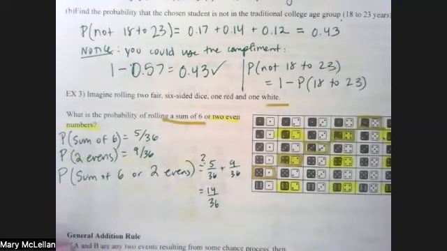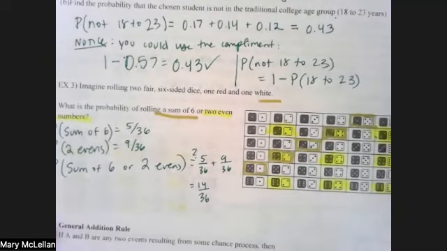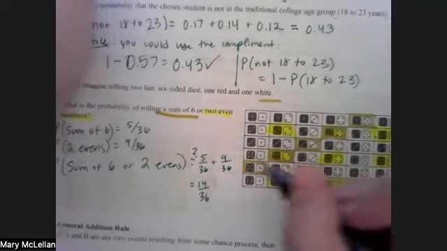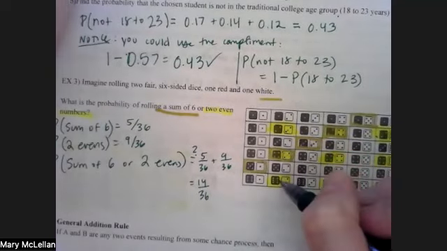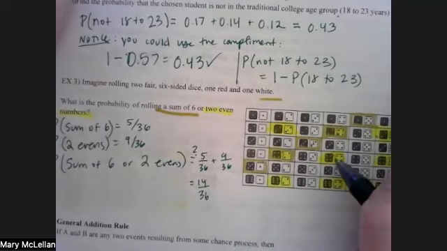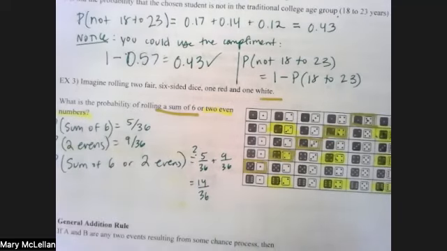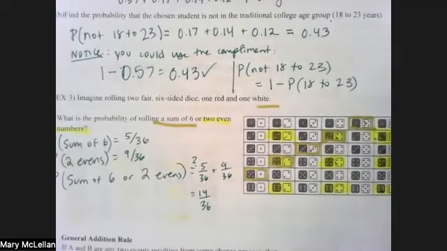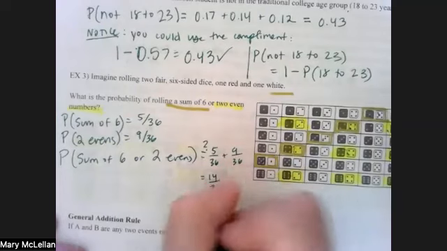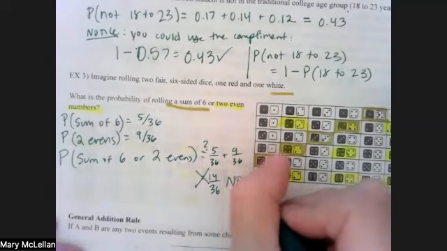And let's check if it's right. 1, 2, 3, 4, 5, 6, 7, 8, 9, 10, 11, 12. That is strange. So this is wrong. And why is that wrong?